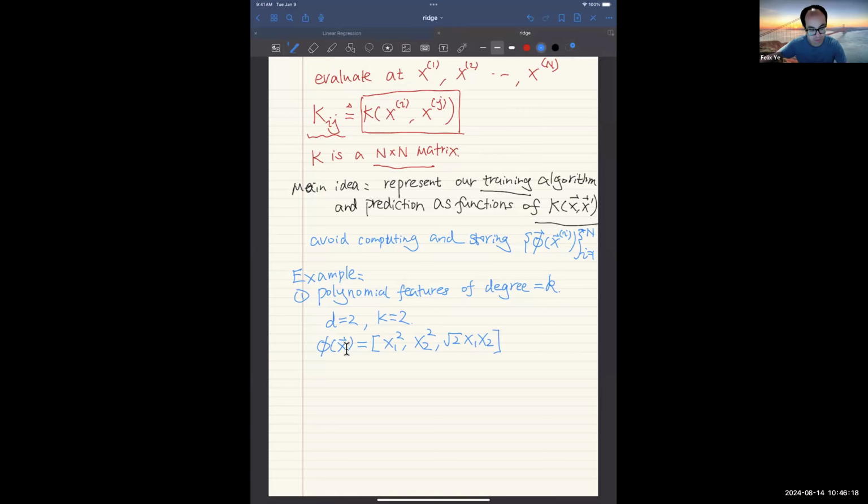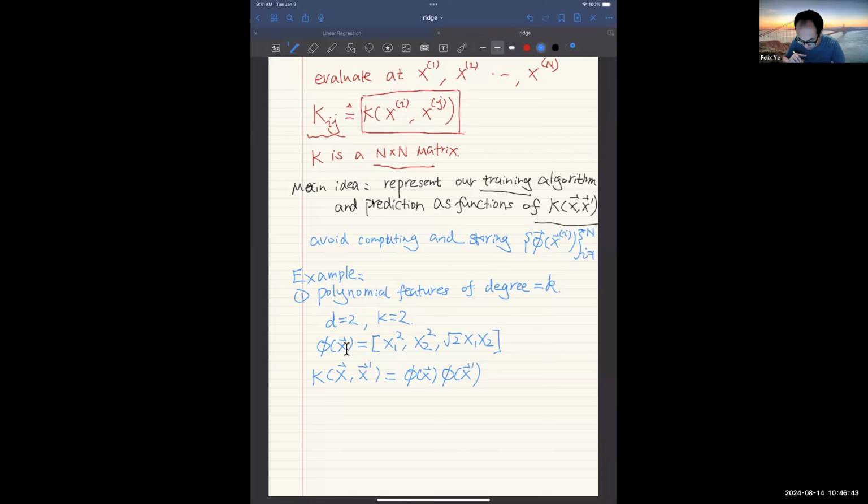Then this kernel becomes the following. k(x, x prime) is phi(x) and phi(x prime).